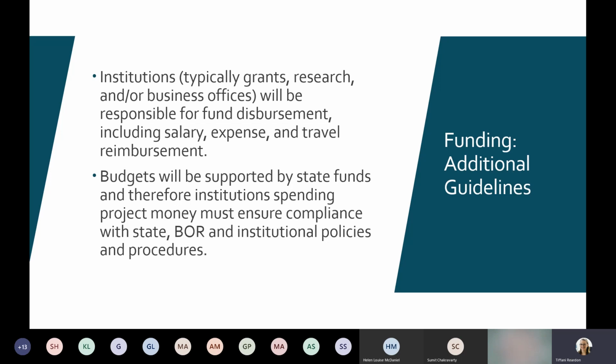These budgets are supported by state funds, so the institutions spending that money have to comply with state, Board of Regents, and institutional policies and procedures. The institutional policies change all the time, so they will follow their own policies as well as the state and Board of Regents policies.